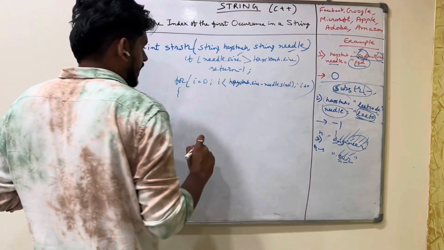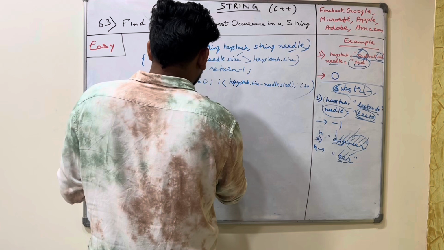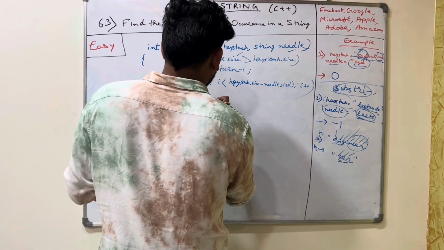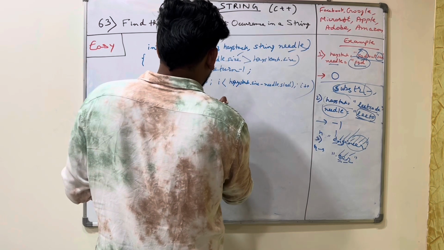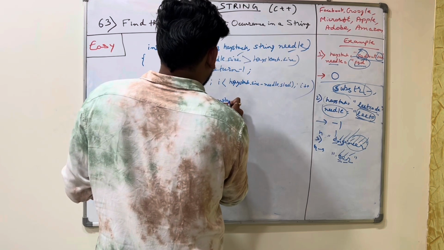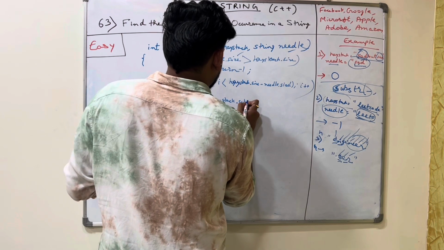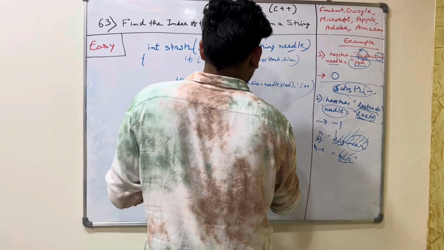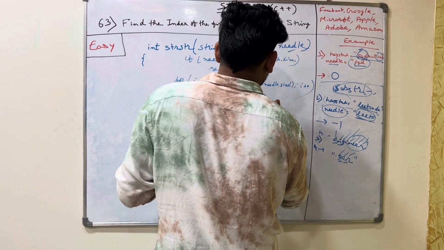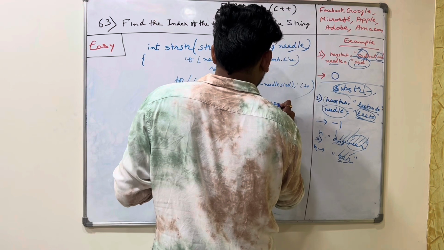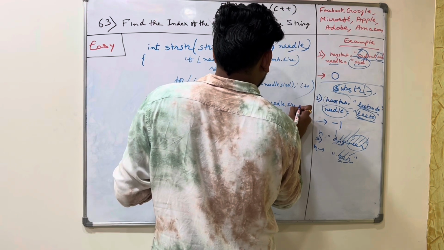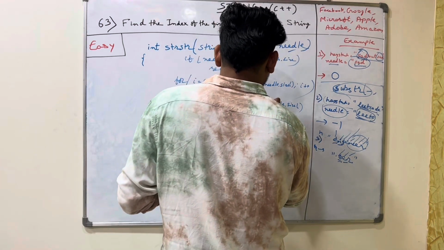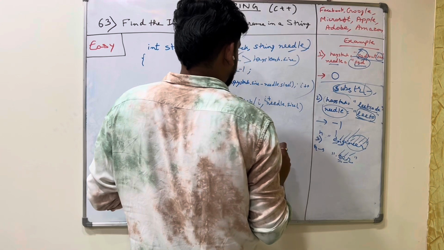Okay, so i is i plus plus. I have taken the loop, and what I do now, I check if haystack dot substr, this substring, and it starts with i, and the length would be needle dot size. Okay, because we want to check up to here, right? So i plus needle dot size, right?